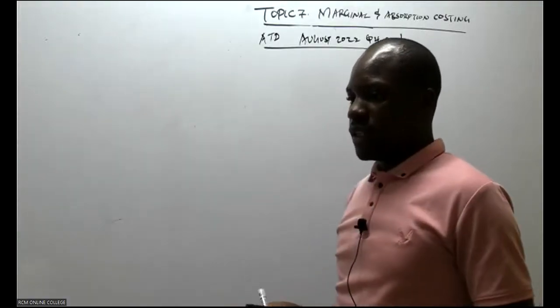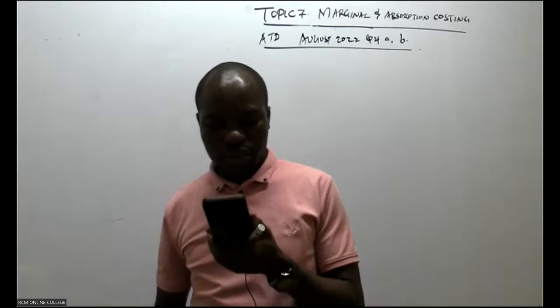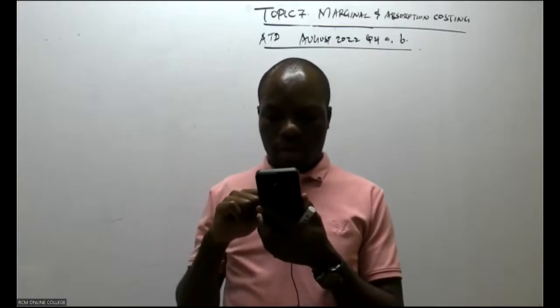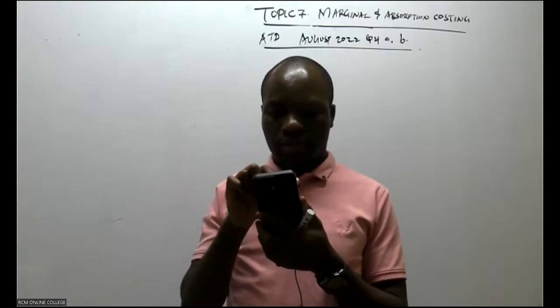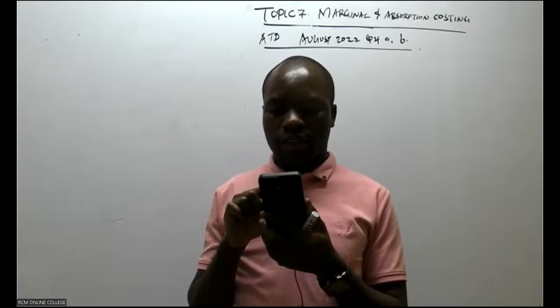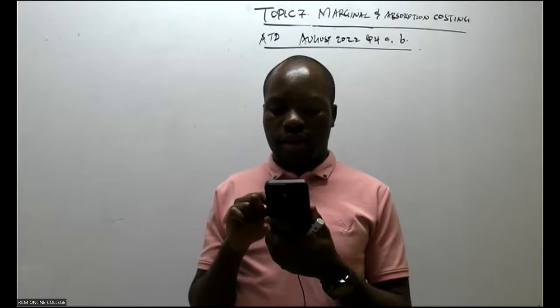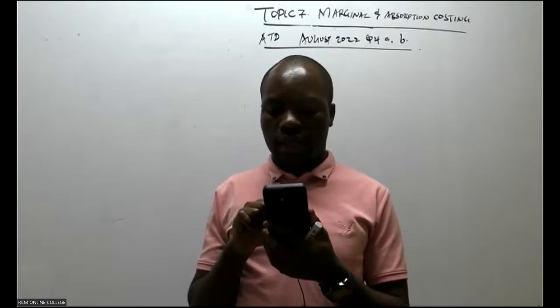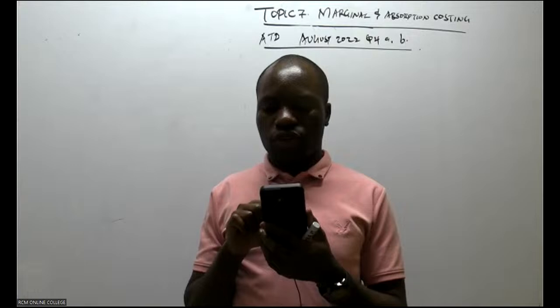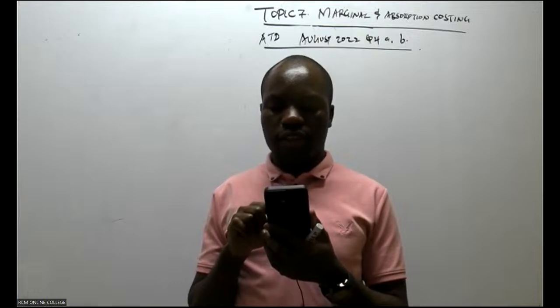If you read that particular question, you are being told that RH Limited manufactures and sells a single product branded Z. Currently, it uses absorption costing to determine profits and inventory values.